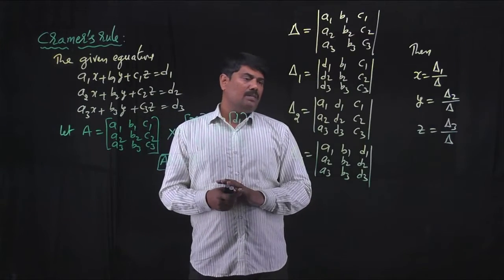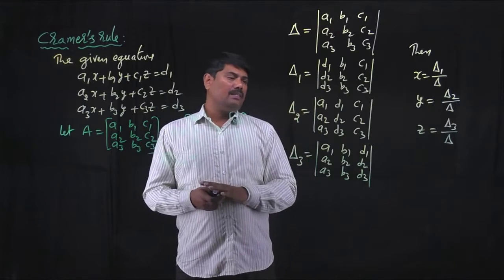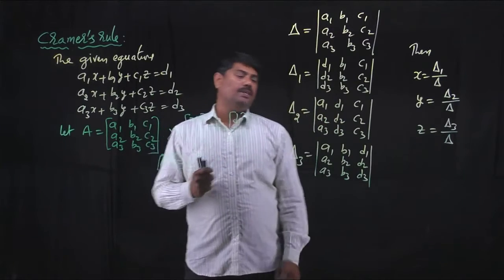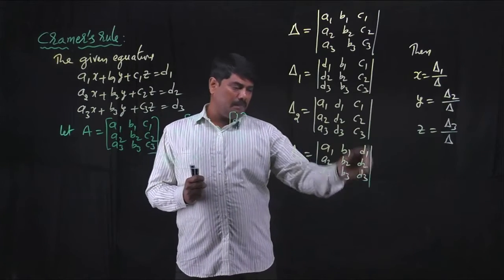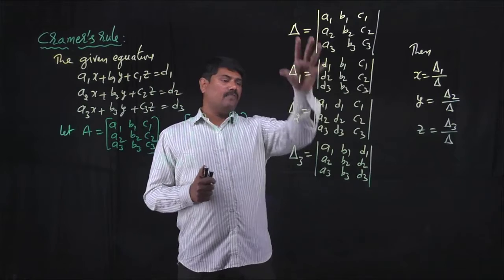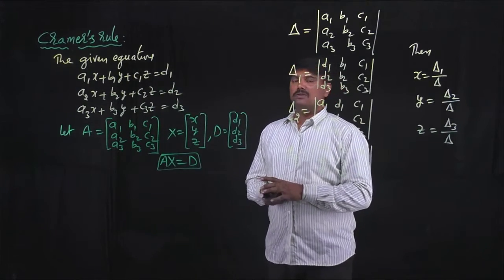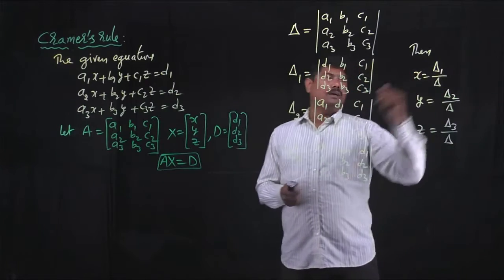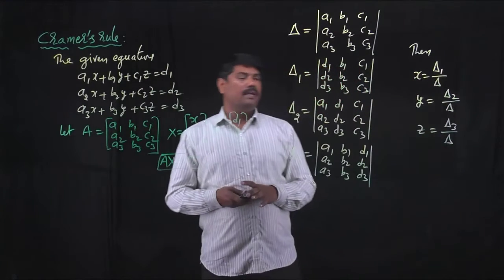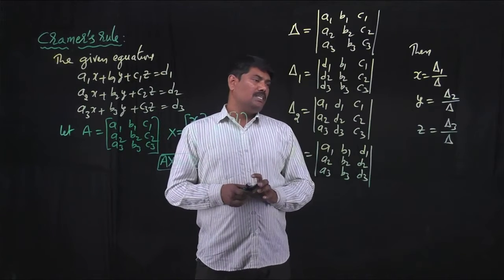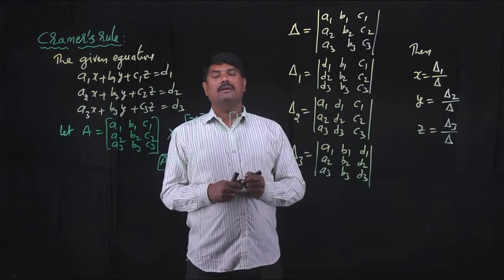Delta 2 is obtained by replacing the second column with d1, d2, d3, and delta 3 by replacing the third column with d1, d2, d3. After finding these four determinant values, you are able to find x, y, z using the formula: x is given by delta 1 by delta, y by delta 2 by delta, and z by delta 3 by delta.